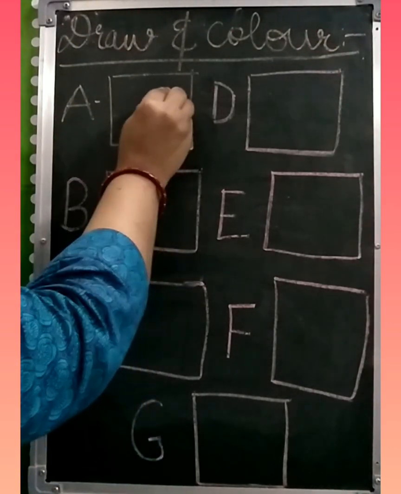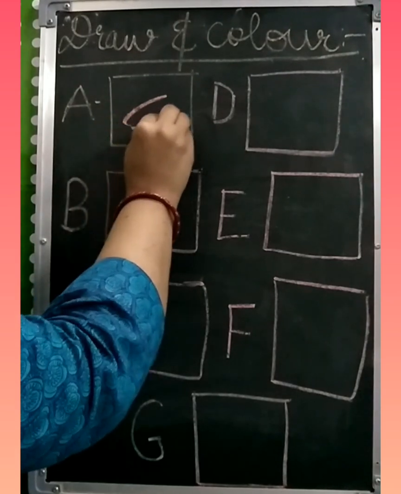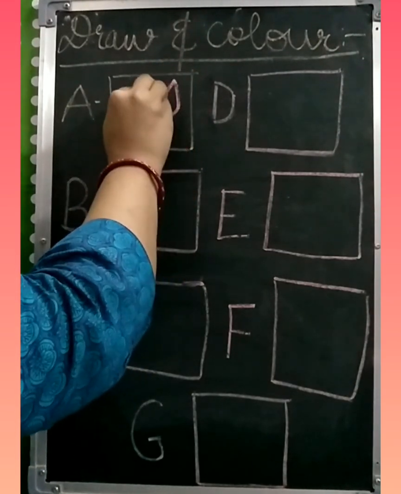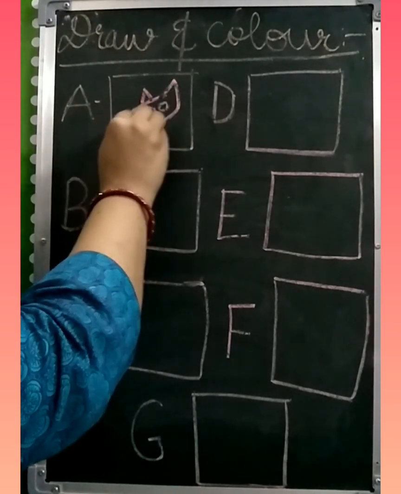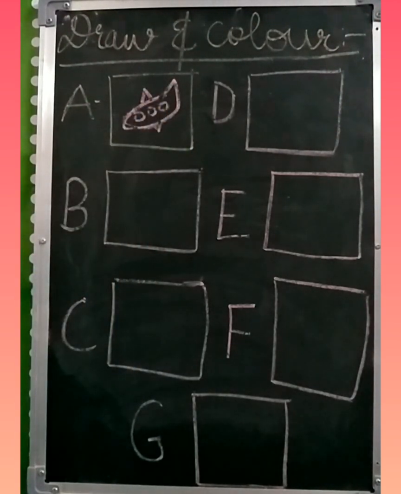Aeroplane. Yes, we will draw aeroplane. First you will draw oval, then this and small windows. This is aeroplane. Then what we will draw with B?